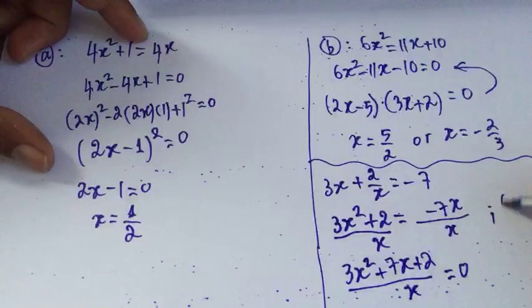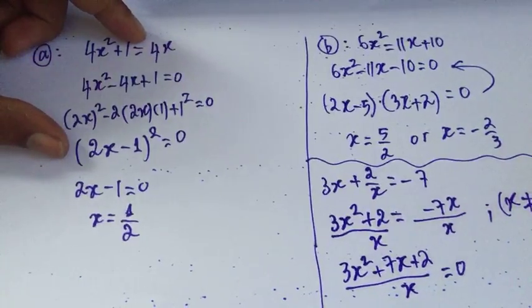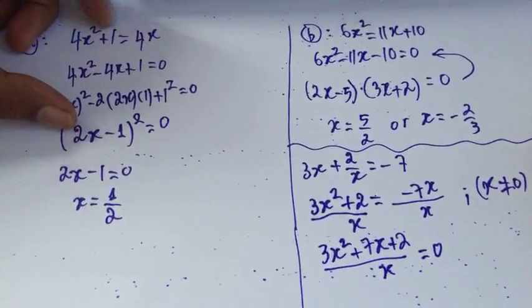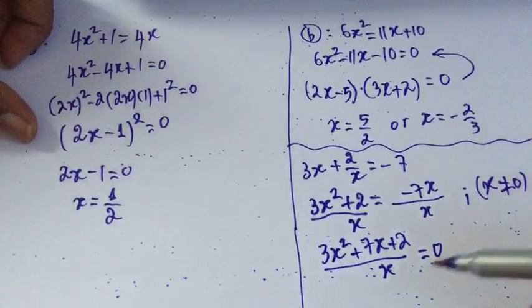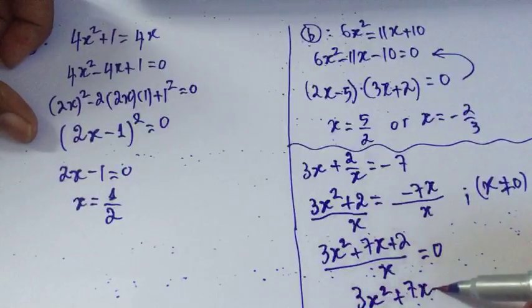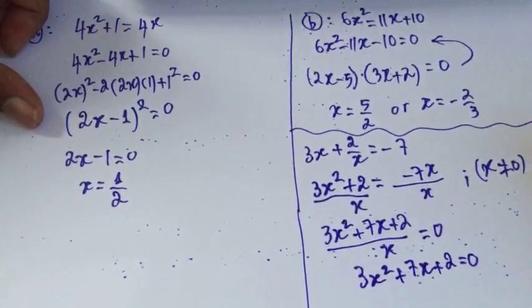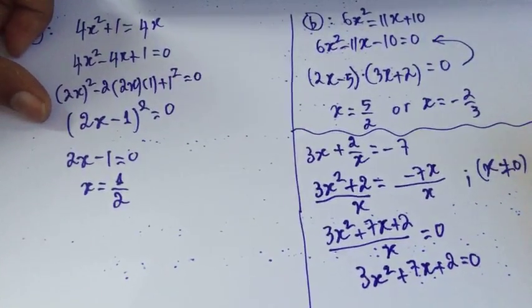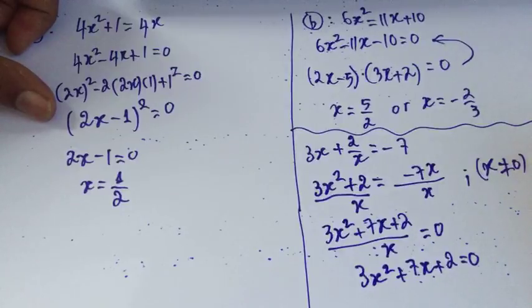And then we put x different from 0; it cannot equal 0. And then how can we find the roots of this one?